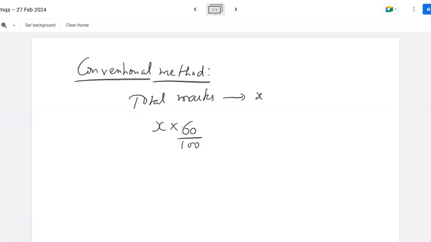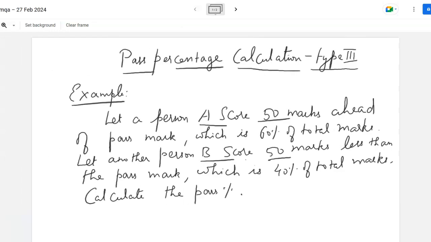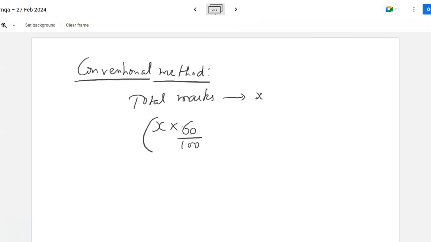X into 60 by 100 will give the original mark of person A. But X into 60 by 100 is 50 marks ahead of the pass mark, right? So X into 60 by 100 plus 50 will give the pass mark.